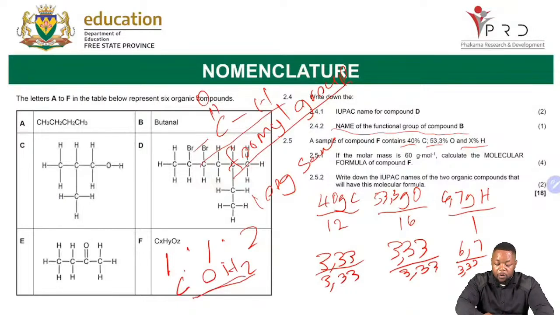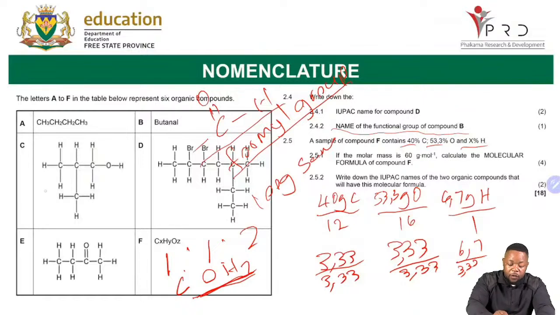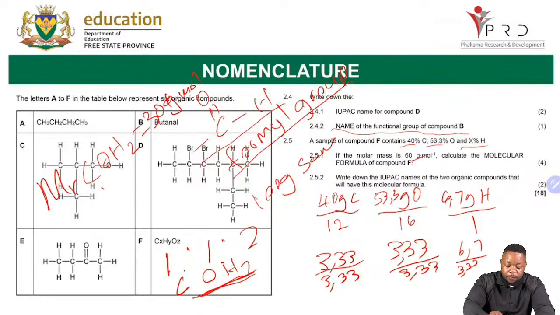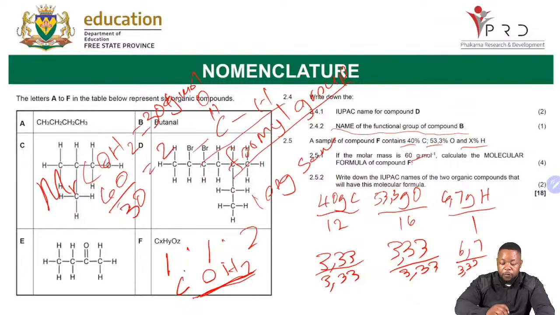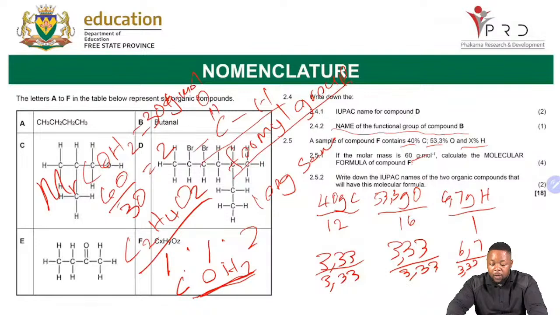If you add up the molecular mass of the formula, you would find that the molecular mass of CH2O would give us 30 grams per mole. If we divide 60 by 30, the ratio is going to be 2. So to get the molecular formula, we multiply everything by 2. That would be C2H4O2. So the question was looking for the molecular formula, and we were able to get that.